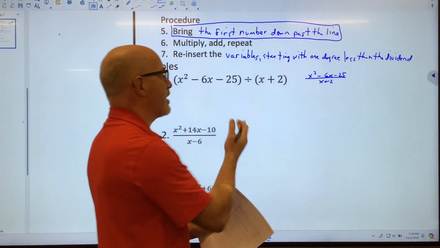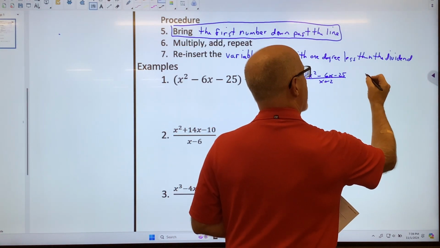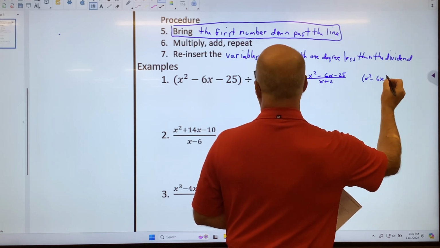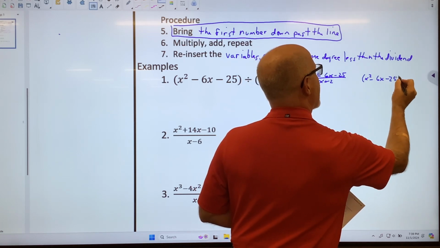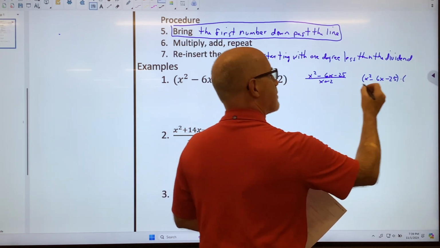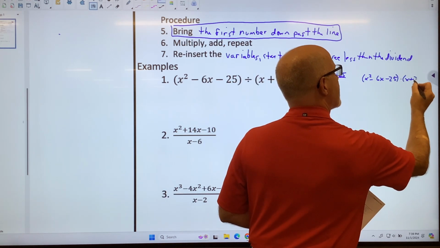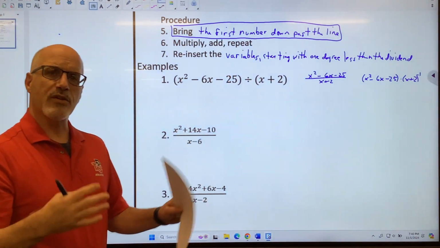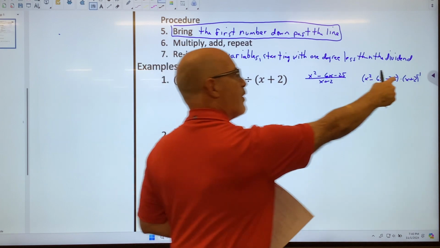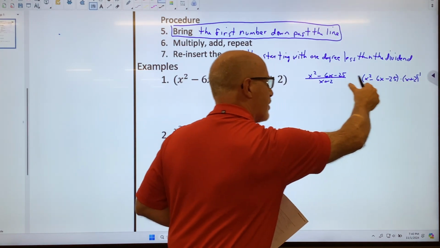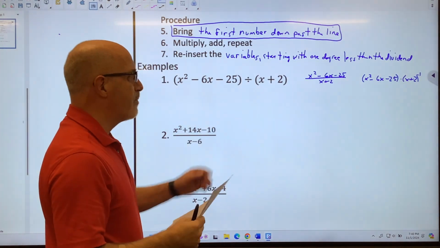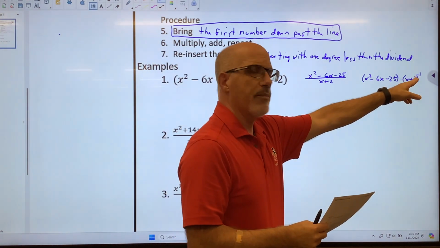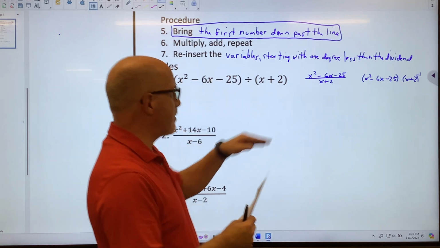Or the third way we could write it is x squared minus 6x minus 25 times this x plus 2 to the negative first power. So these all mean the same thing. That's the way you'll see the problem. Remember, a negative 1 power means that it becomes a reciprocal, and that would move it to the denominator. So fractions mean division, and that negative exponent means you're going to do a reciprocal underneath.